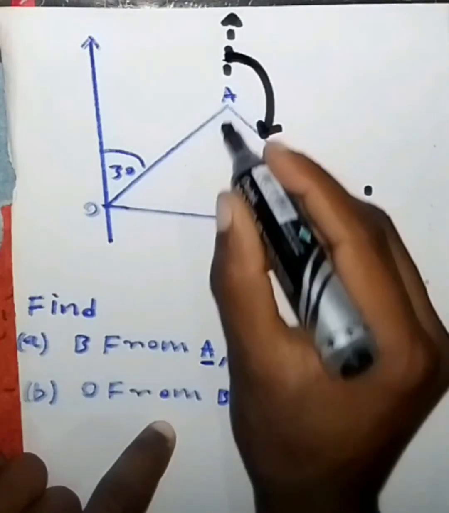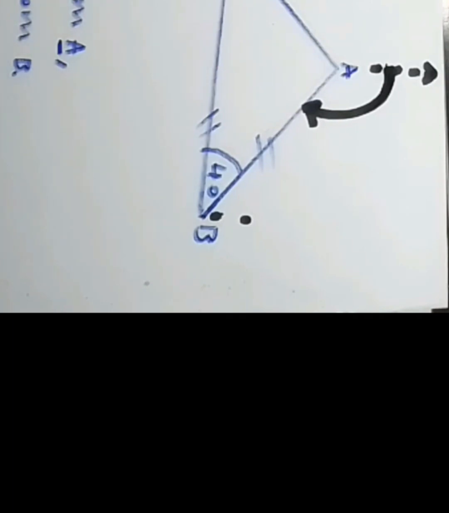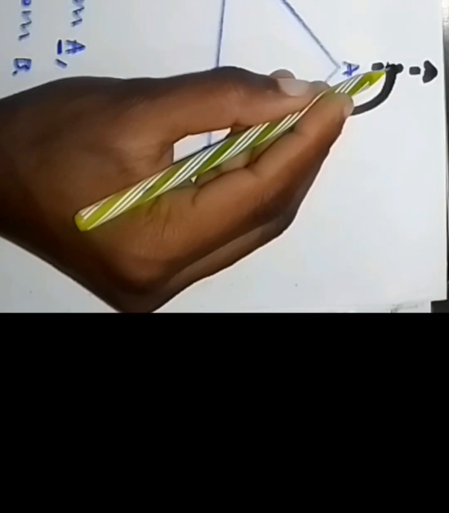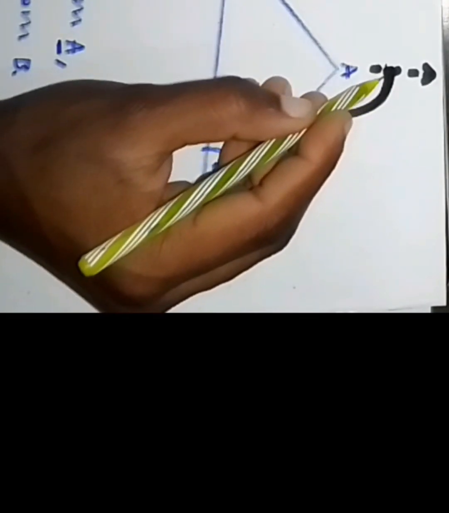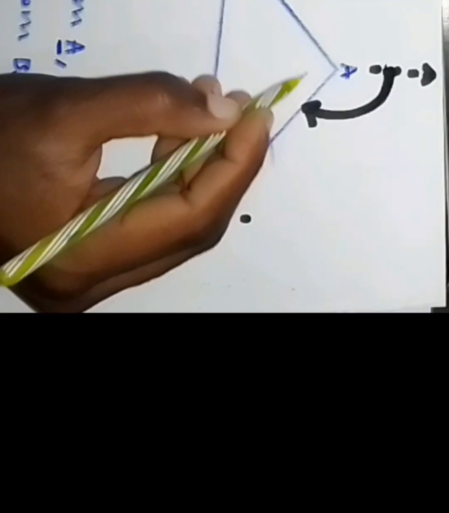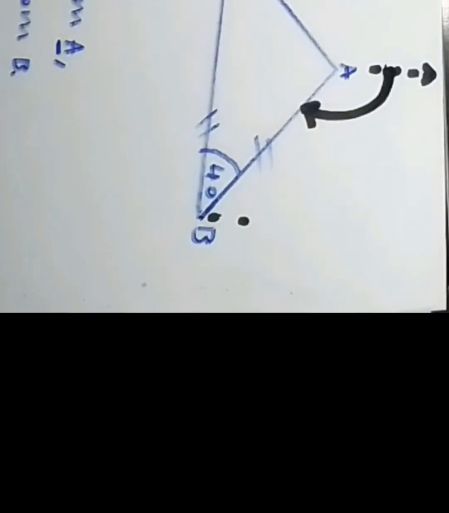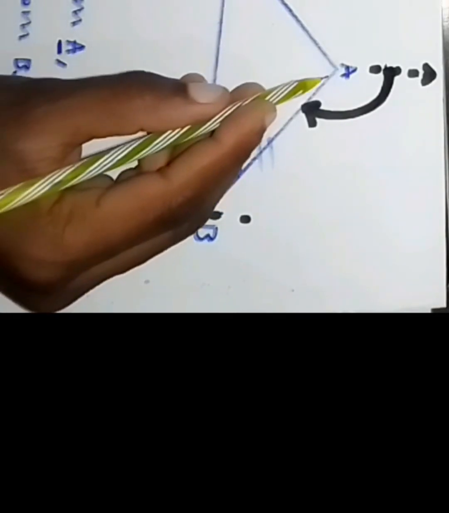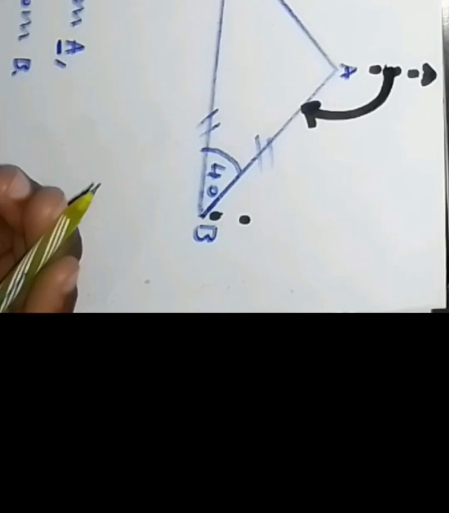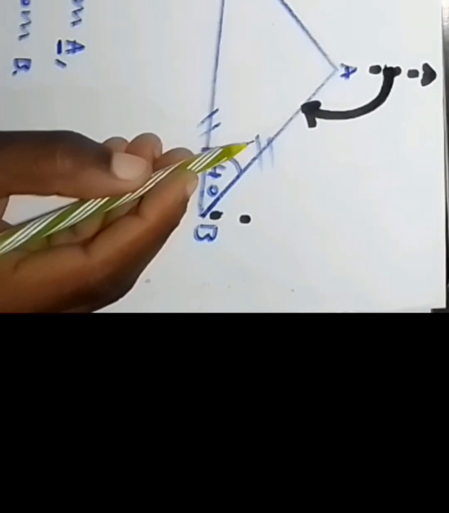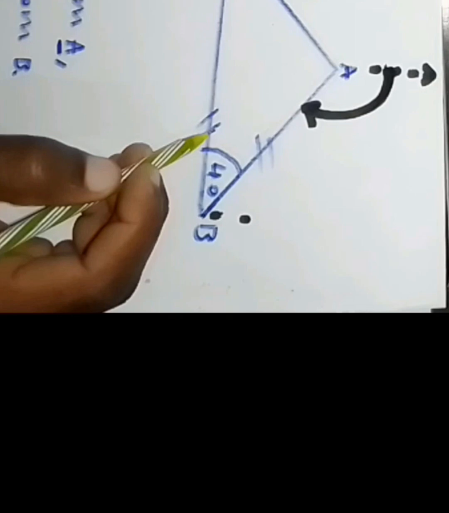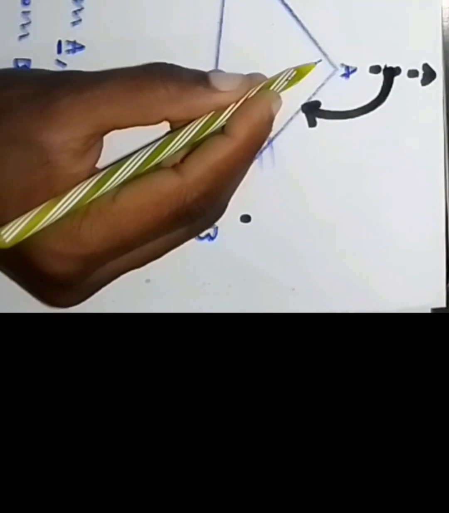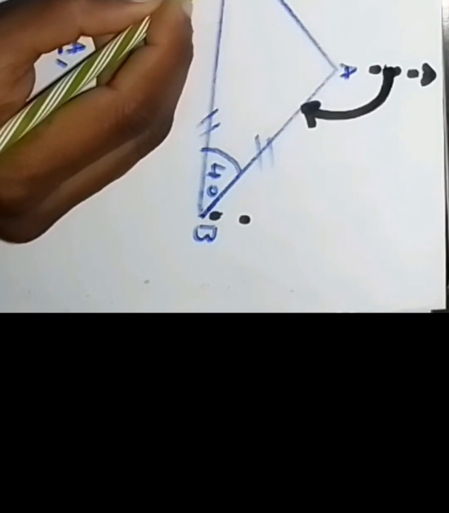To calculate it, we first calculate this angle here by focusing on this right angled triangle, two of whose sides are parallel, represented by these two lines. So if this is x, this is also x here.